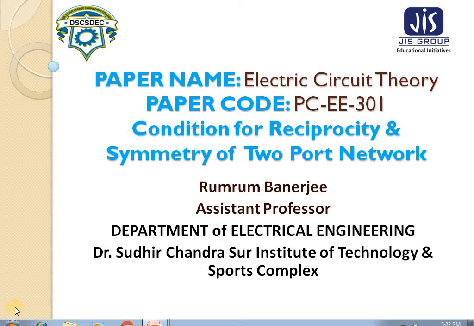As per the syllabus, there are mainly four parameters we will use: one is the open circuit parameter, second is the short circuit parameter, third is the ABCD parameter, and fourth is the H parameter or hybrid parameter.